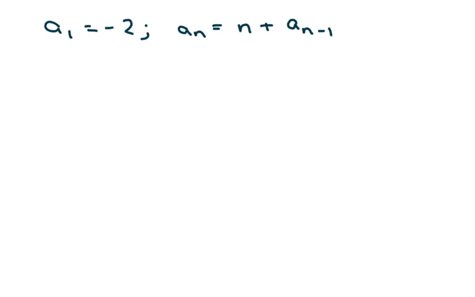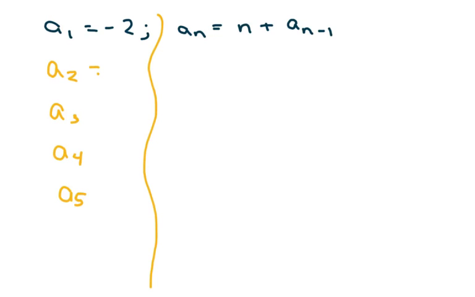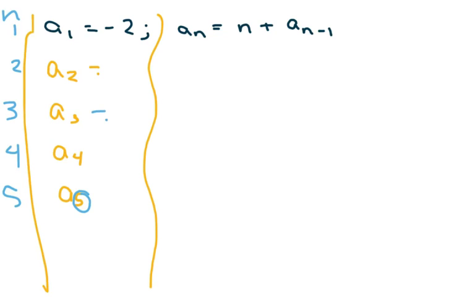I need my 5 terms. All right, and if I look at my n's here, they are 1, 2, 3, 4, 5. These are my index numbers. So a sub 2, my n is 2, equals 2 plus your previous term. And that equals 0.